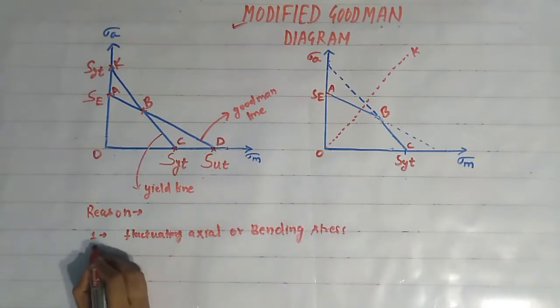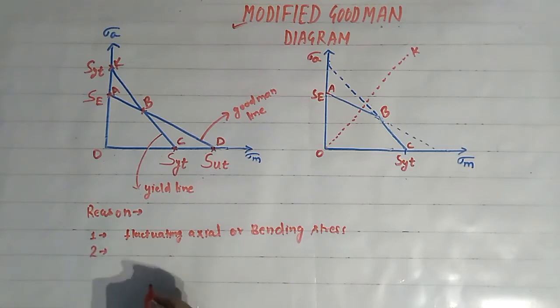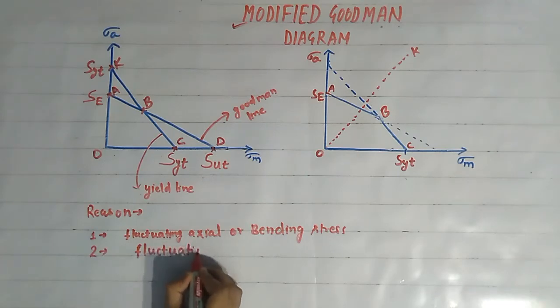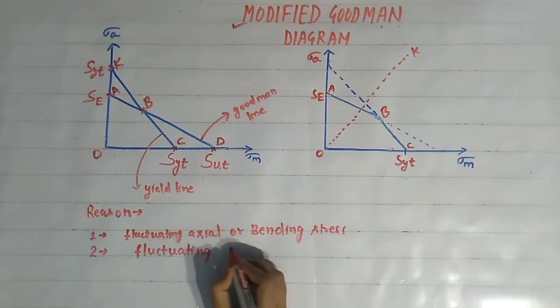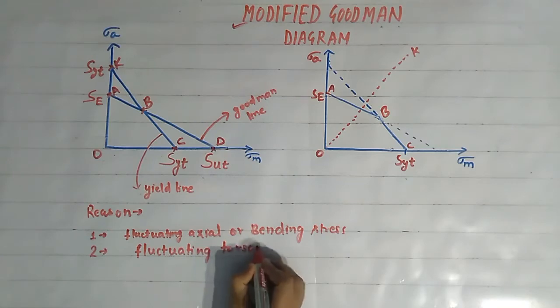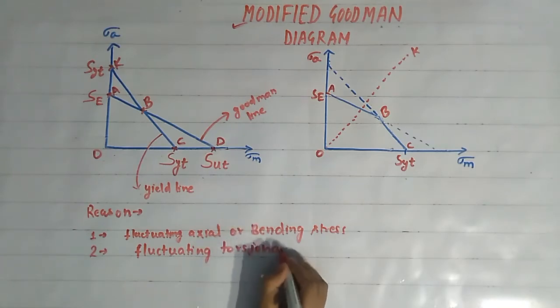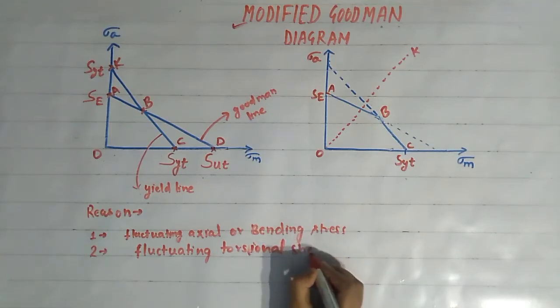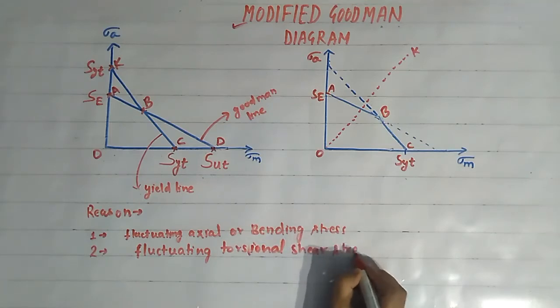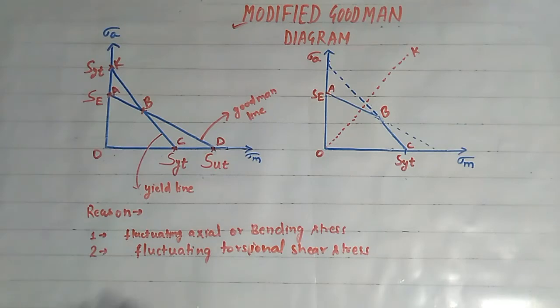And the second one is for the components which are subjected to fluctuating torsional shear stress. So there are two diagrams which are available in the books. First one deals with the fluctuating axial or bending stress, and another one deals with the fluctuating torsional shear stress.